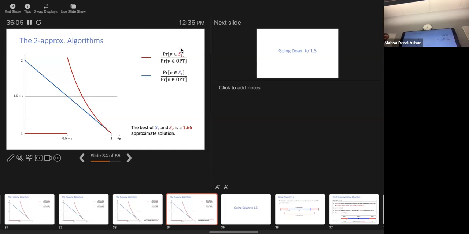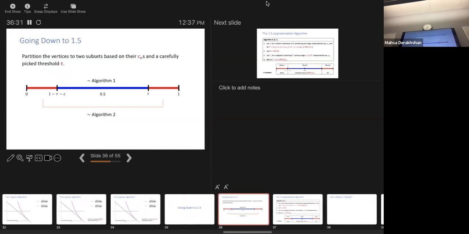So half of them will be very happy, a weighted half. Half of them will get this much. Good. Those things are never worse than two. Yeah, perfect. Still, it's simple. But I'm going to talk about how to use these ideas to go down to 1.5.